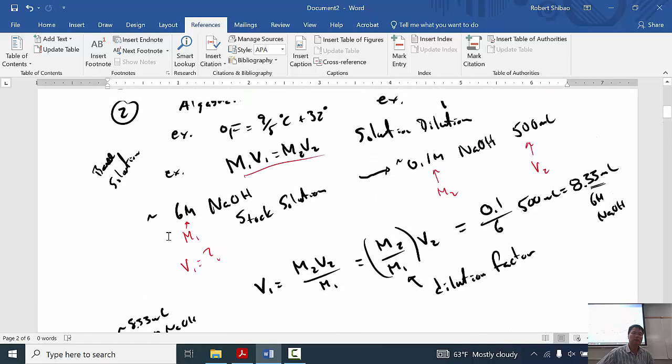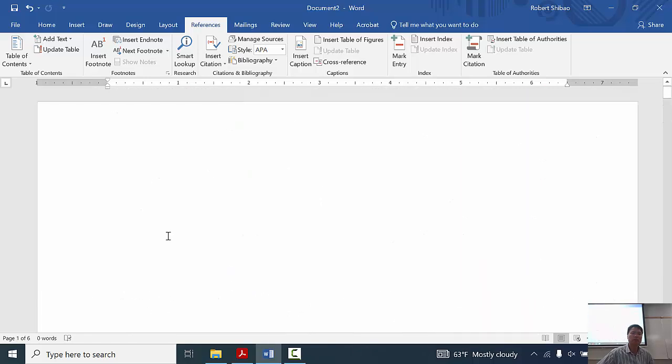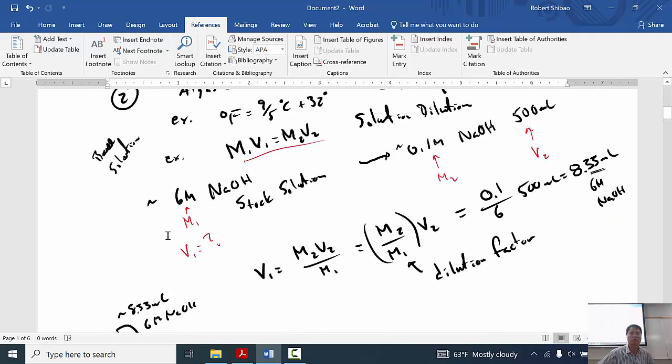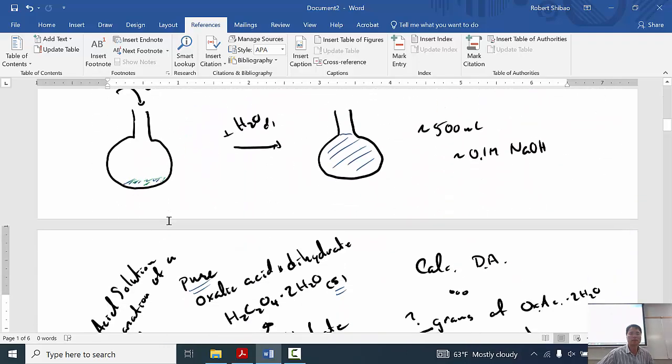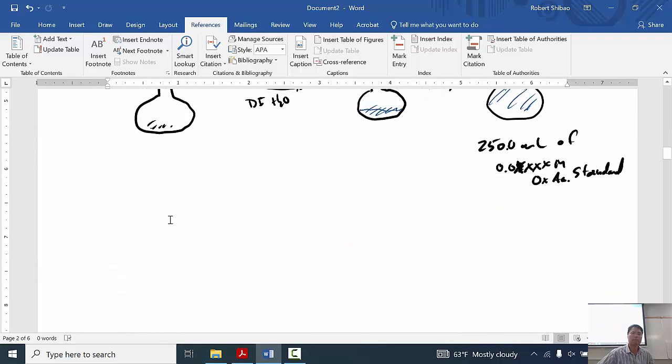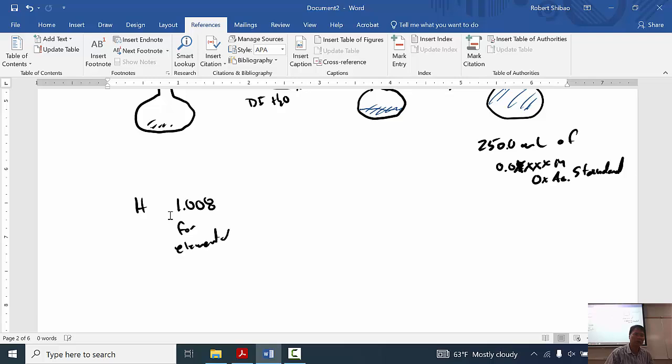And so what I want to do here is a quick calculation of the molar mass of oxalic acid dihydrate. Let's go ahead and do that. I have these memorized. Hydrogen's atomic weight is what? 1.008 for elemental H or H2, or I use 1.01 in compounds.